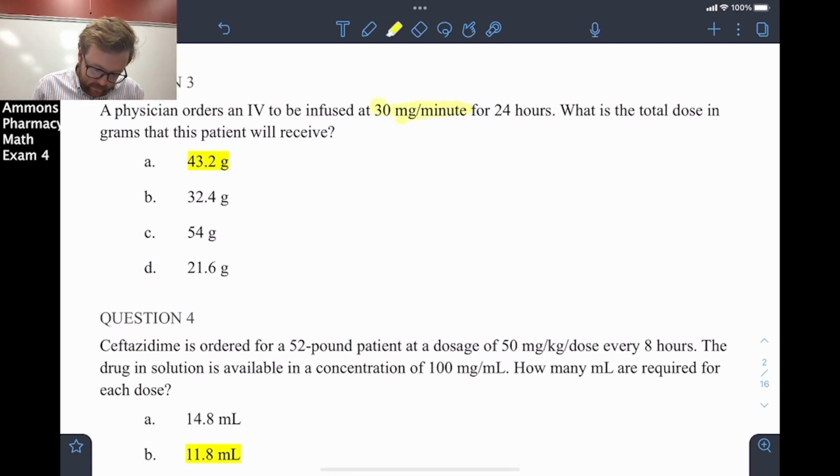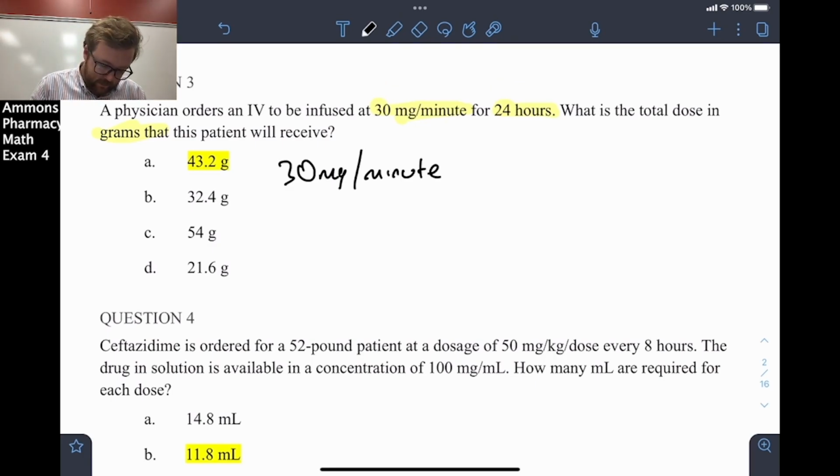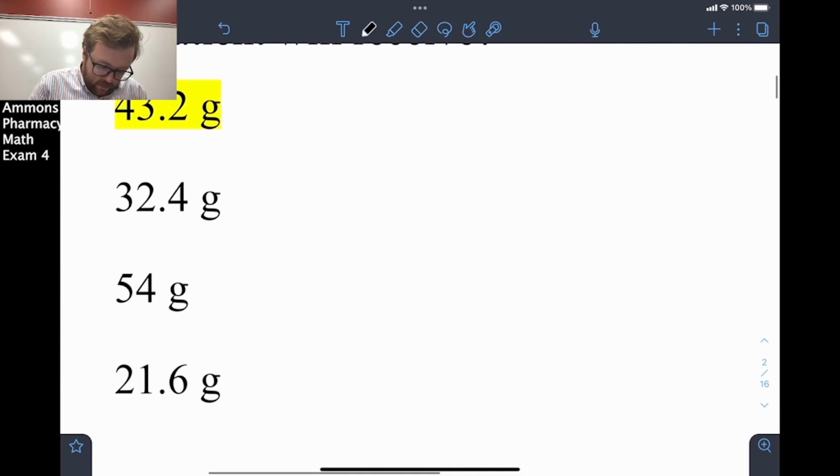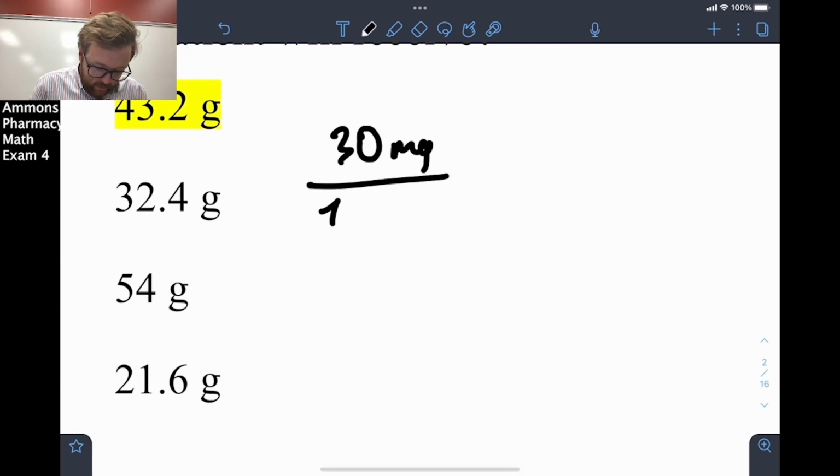30 mg per minute for 24 hours. So we got a rate and a time. Total dose in grams. Okay, so if we're getting 30 milligrams per minute, okay, one second, let me write that again. Okay, we're doing 30 milligrams per 1 minute.